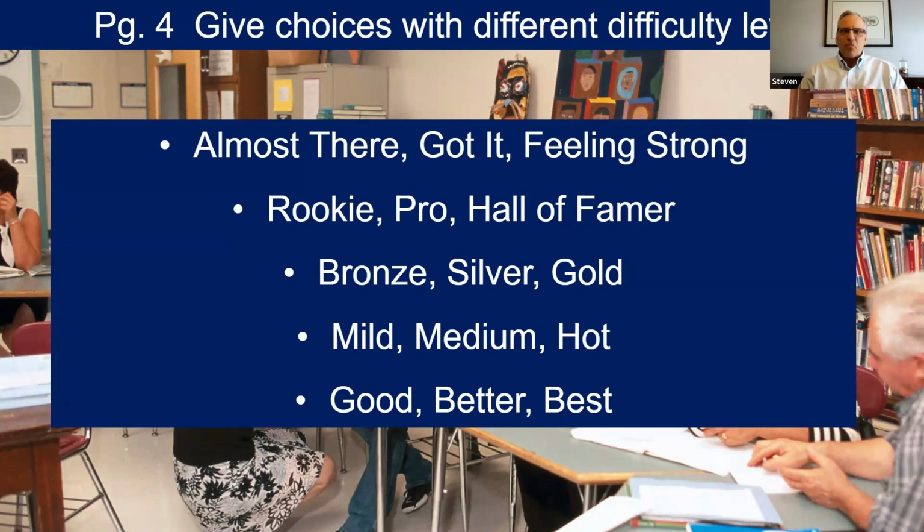She suggested using words like we see on the screen and at the top of page 4. Almost there, got it, feeling strong, rookie, pro, Hall of Famer if you're into the athlete, Olympic version with bronze, silver, gold, the salsa that we saw just a minute ago. And then good, better, or best reminds me of a hardware store that had that. I forget which one.